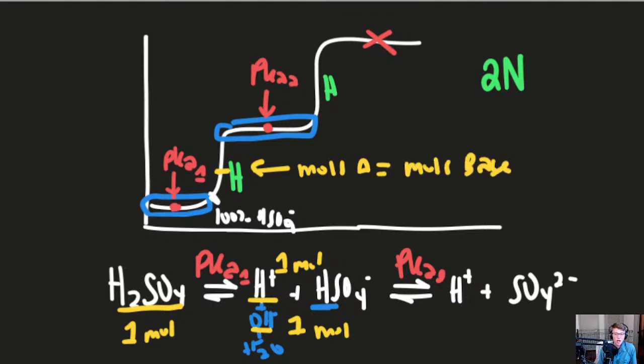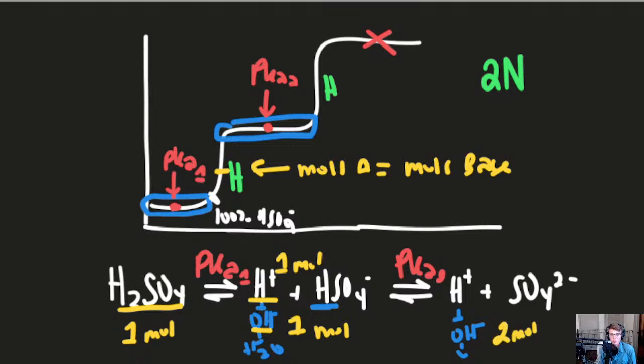Now, this is not going to be the case when we get to a second equivalence point. When we get to the second equivalence point, we've already deprotonated the first bit, but we've already added some moles of base. And so, right, we've added this 1 mole, but if we're going to deprotonate this next piece here, well, now this is actually the second mole.